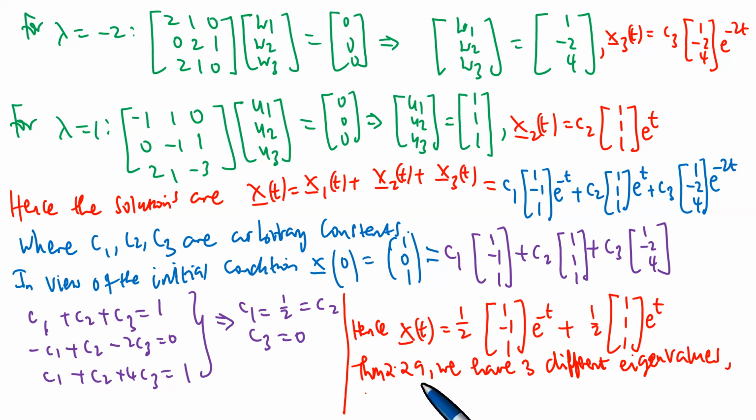Then x dot, which is Ax, the original differential equation in matrix form, with the initial value, this one here, which is x sub 0, this system has a unique solution.